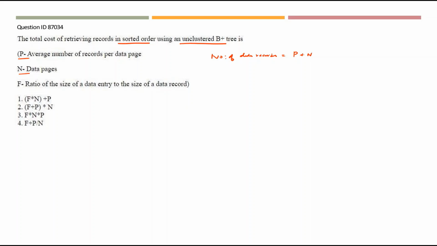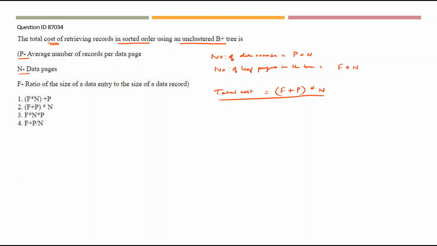Here we have another count. Number of leaf pages in this tree will be F into N. So total cost will have the formula of F plus P into N. This will be the total cost of retrieving records in sorted order using unclustered B plus tree.